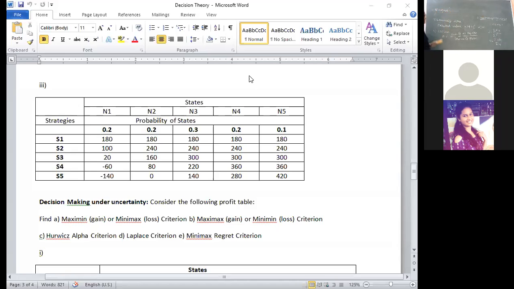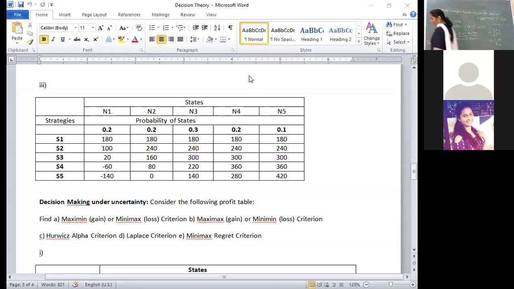The formula to calculate regret is largest payoff minus payoff for the particular strategy.